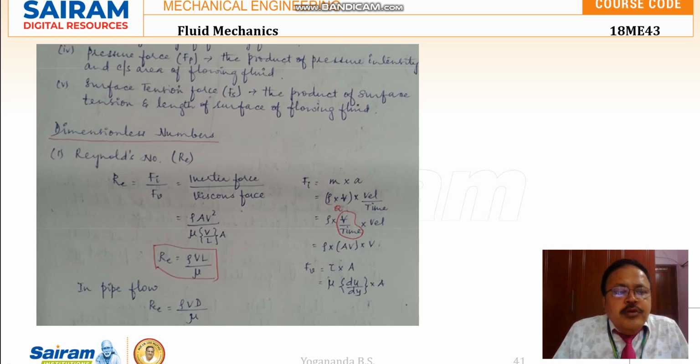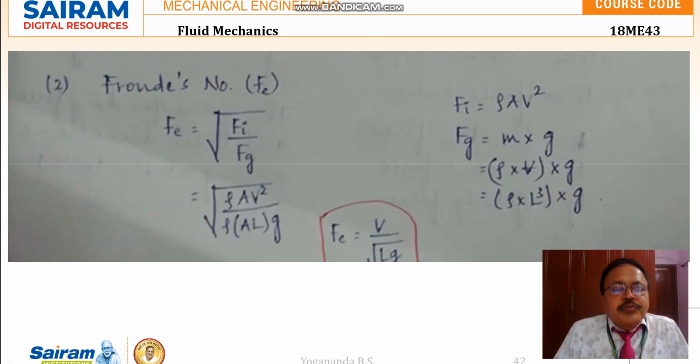When the flow is taking place in a pipe, instead of length L, we have the diameter D. So Reynolds number is given by rho Vd by mu.